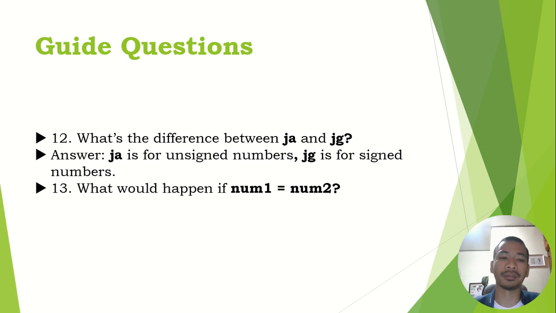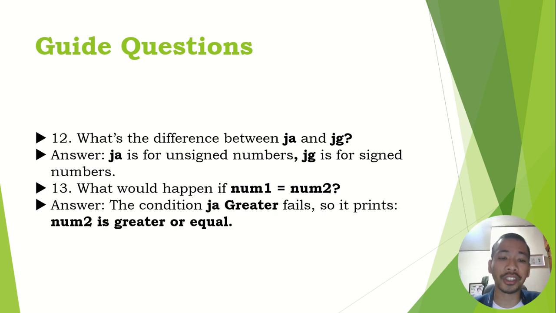What do you think will happen? If num1 equals num2, the condition JA greater fails, so it prints that num2 is greater or equal.